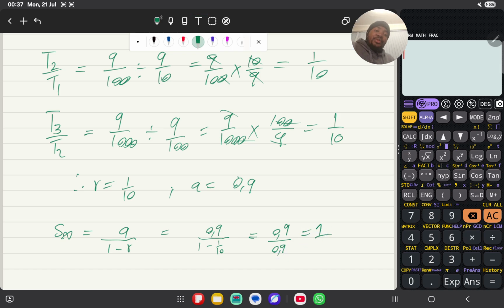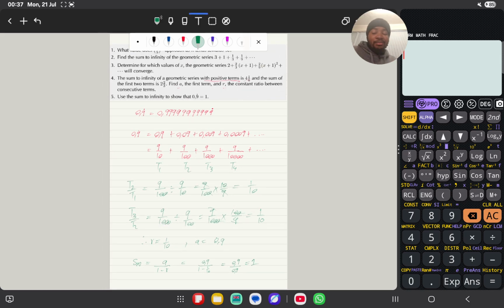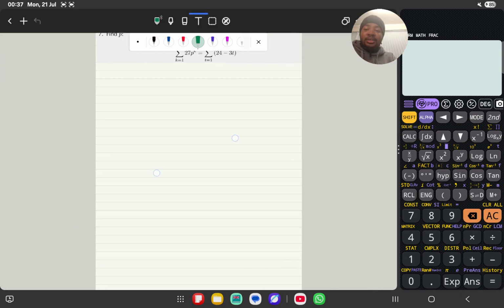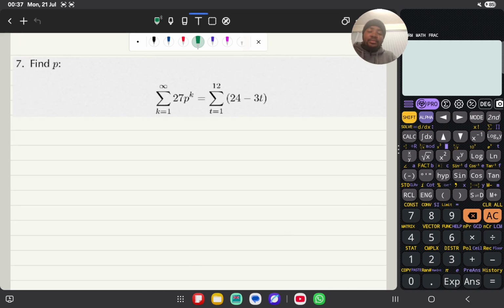And just like that, we are done. This question, I think I would give it 3 marks. But also, if you haven't done questions like this, you would really struggle. No matter what you do, you won't get the answer. Cool. I think this is the last.